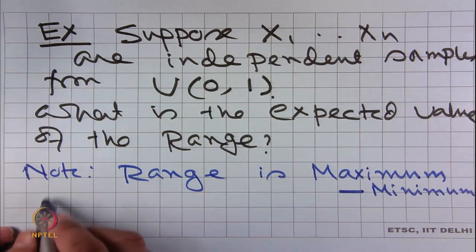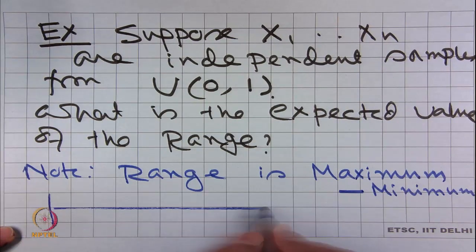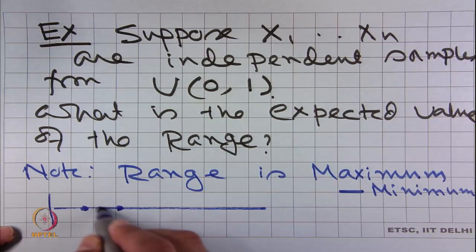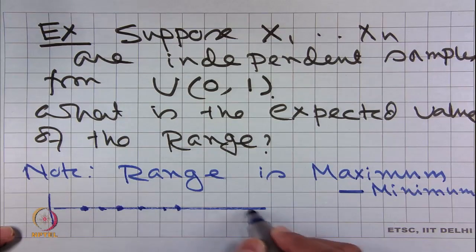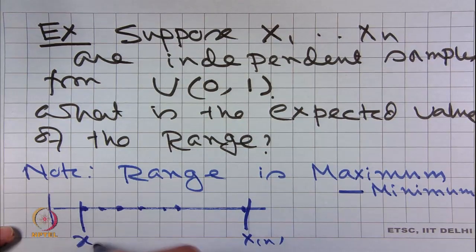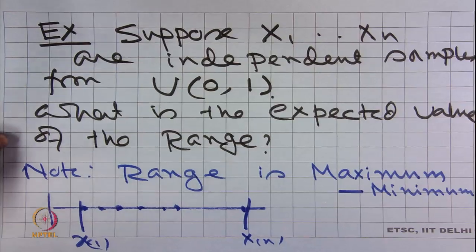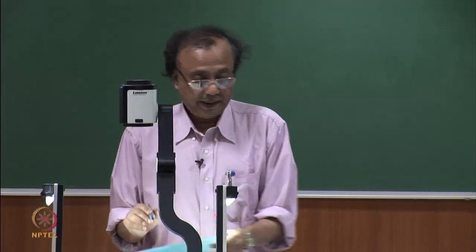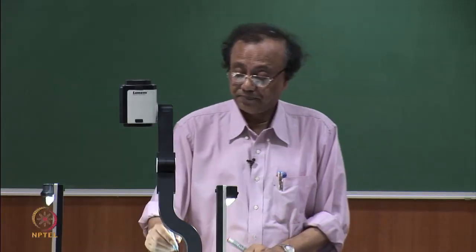We know that if these are the samples, then the range is x n minus x 1. Suppose we want to find out the expected value of the range.